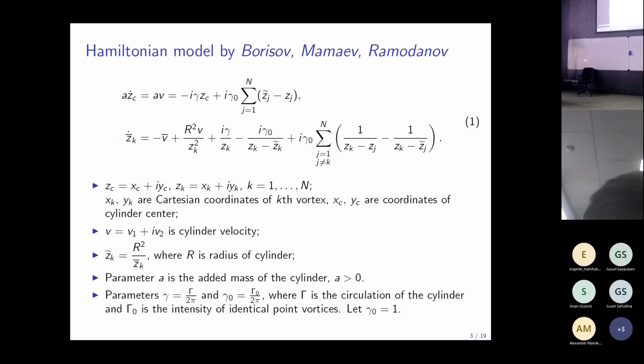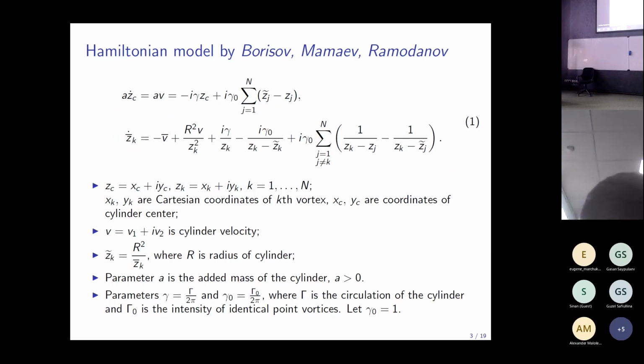Xk, Yk are Cartesian coordinates of the vortex. Xc, Yc are coordinates of the cylinder center. V is cylinder velocity. R is the radius of the cylinder. A is the eddy mass of the cylinder.